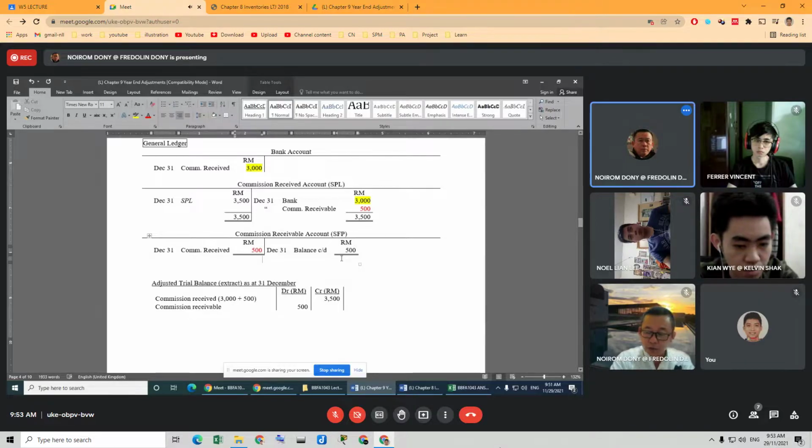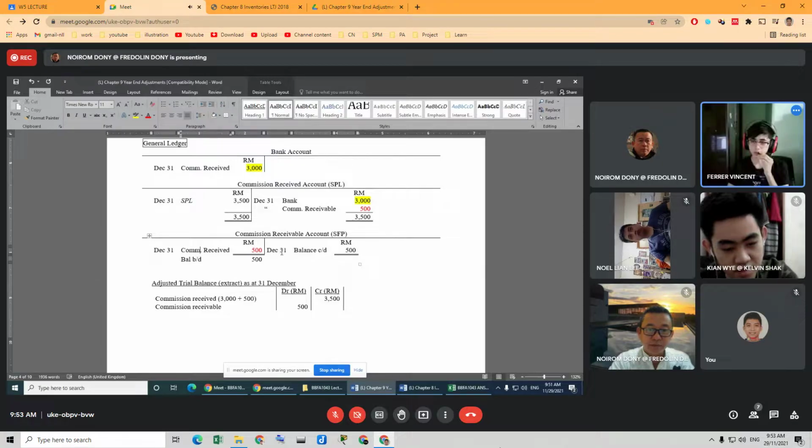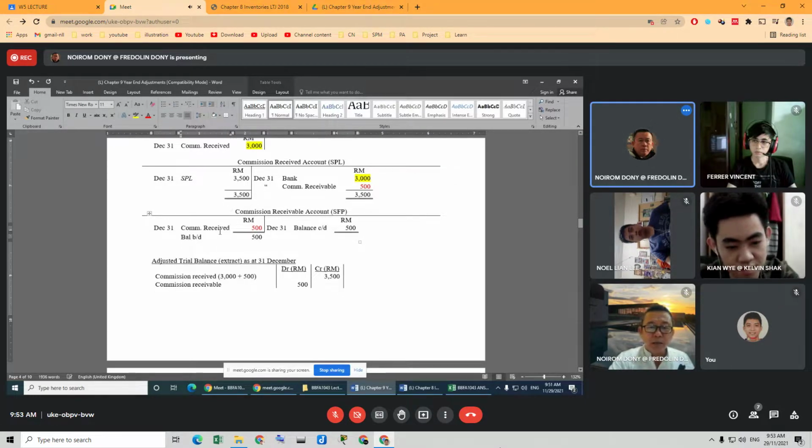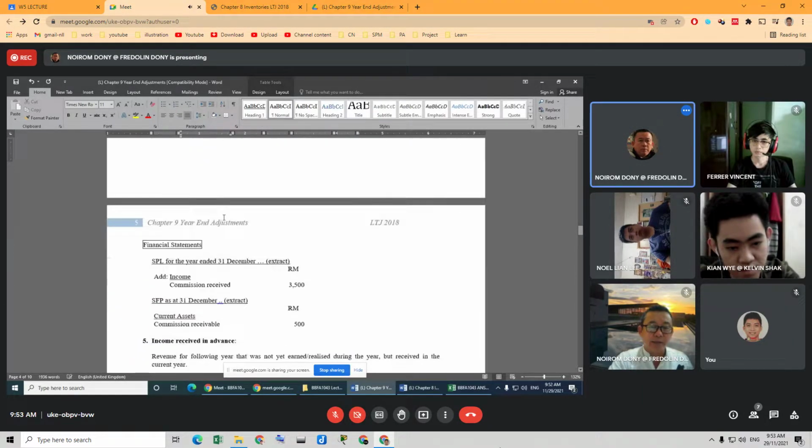So this one, you put as balance b/d. Farah, what balance is this, credit or debit balance? Debit. Yes, okay, a debit balance. Total debit 500 is more than the credit side. So by knowing this is a debit balance, it should be under current asset.